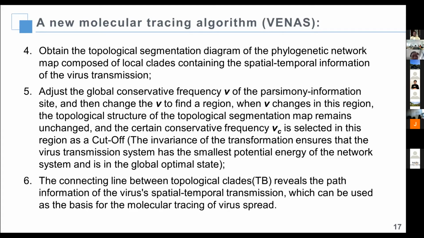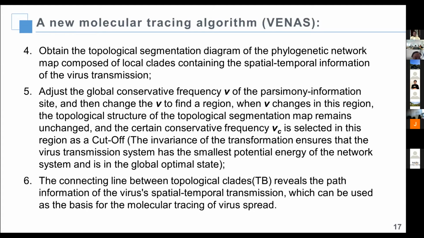Adjust the global conservation frequency mu of the parsimony informative set, and then change mu to find a region. When mu changes in this region, the topological structure of the topological segmentation map remains unchanged, and a certain conservation frequency mu C is selected in this region as a cutoff.